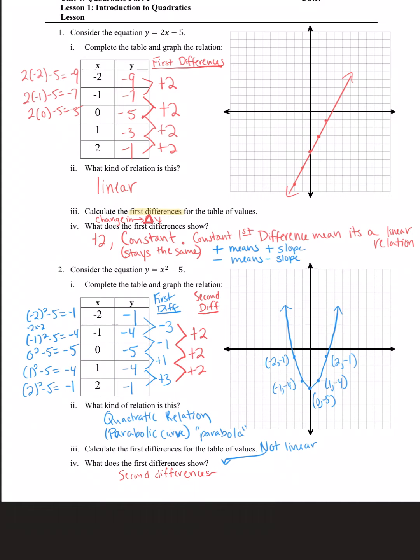Okay, so my second differences are constant. In this case, they were a positive 2. Okay. So because you can see from our table of values, and I told you based on the shape that it's quadratic, that means that if it is a quadratic, our second differences are going to be constant. So if our second differences are constant, it is a quadratic relation.